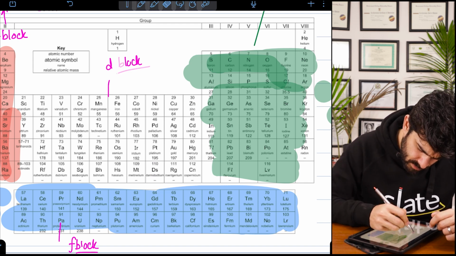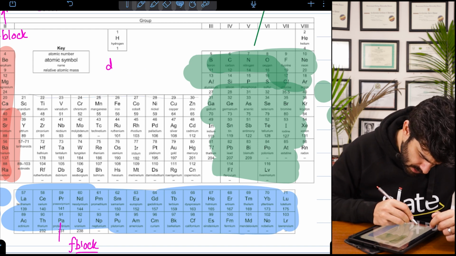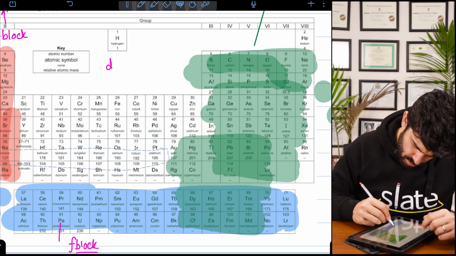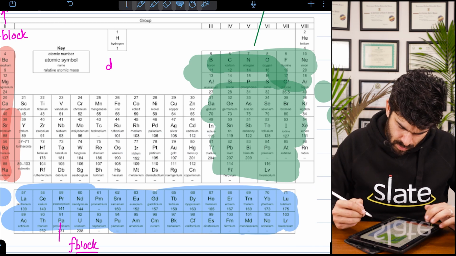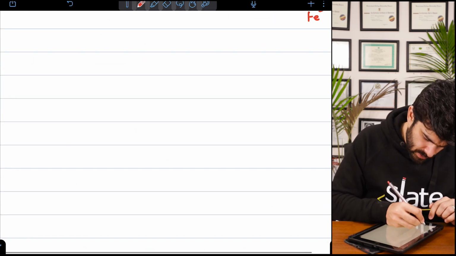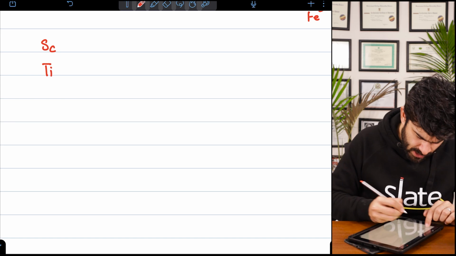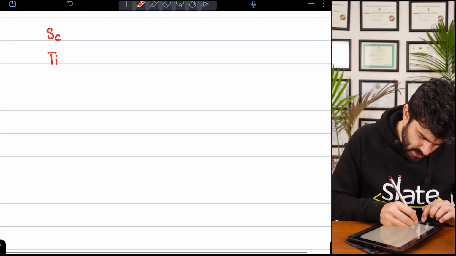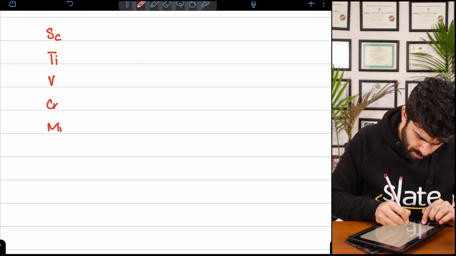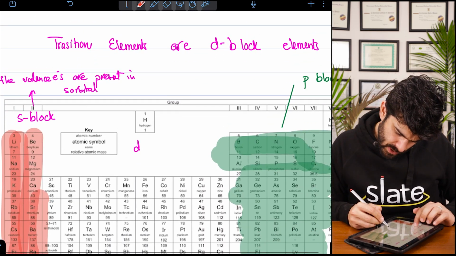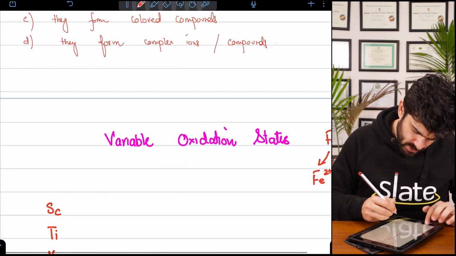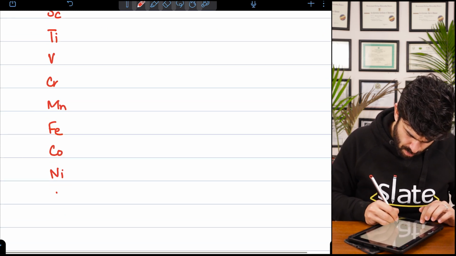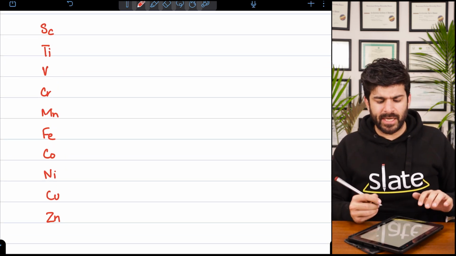Starting off from scandium, titanium, then it would be vanadium, chromium, manganese, iron, cobalt, nickel, copper, zinc. So these are the first 10 elements.